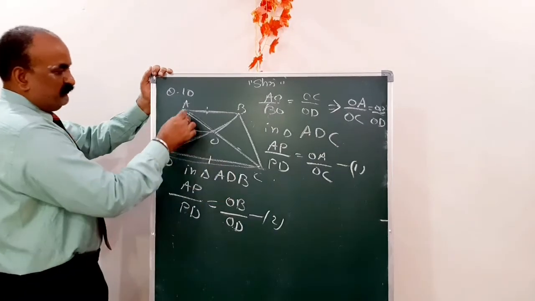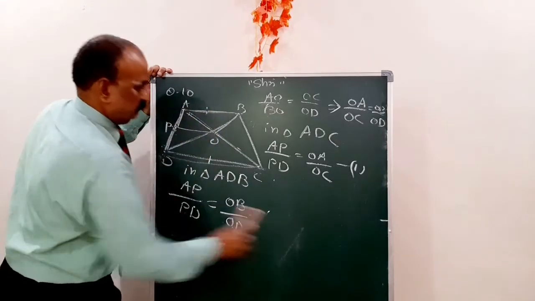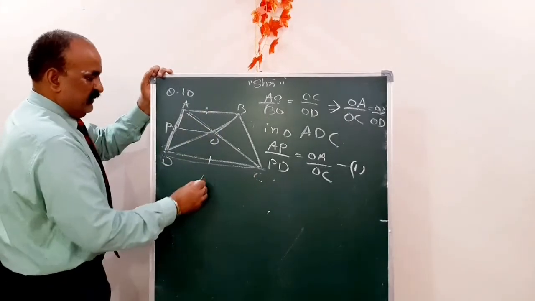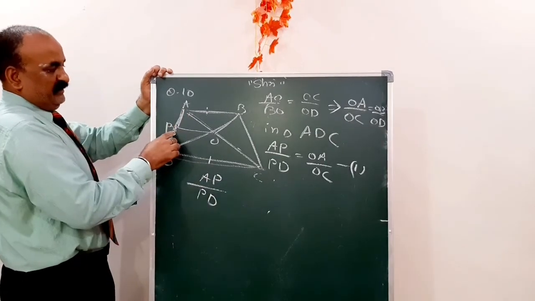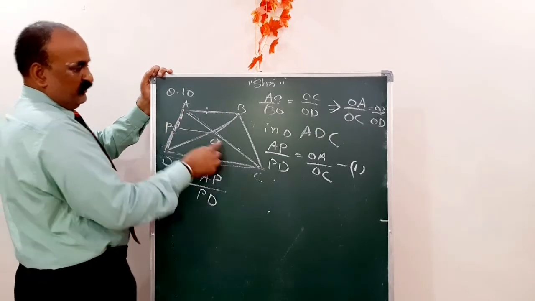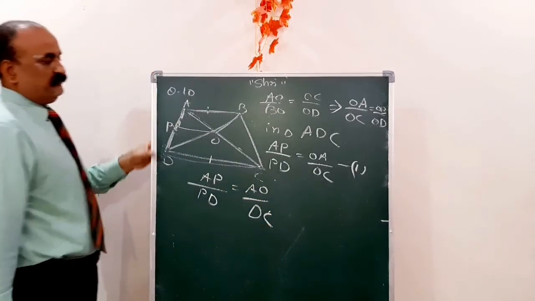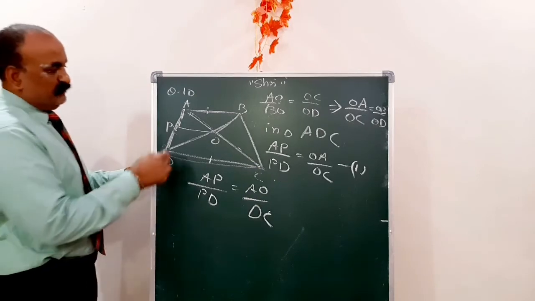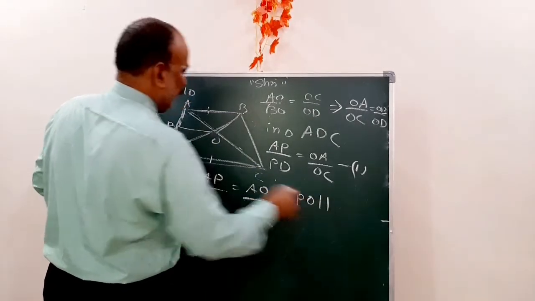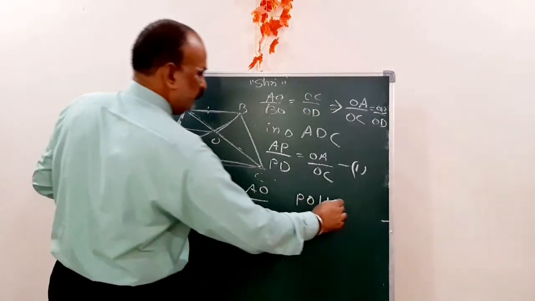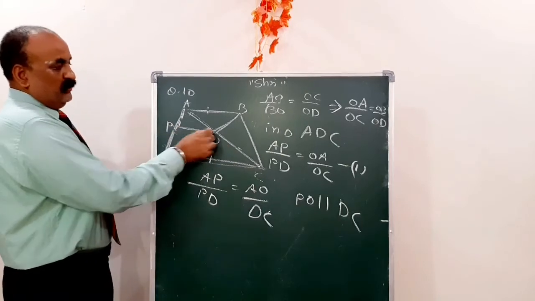इसका मतलब क्या हुआ? It means AP upon PD is equal to AO upon OC. इसका मतलब हुआ PO is parallel to DC. PO is parallel to DC and PO is parallel to AB.